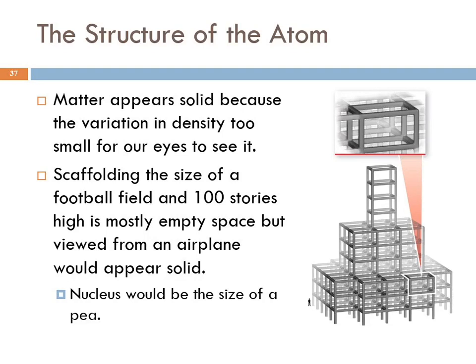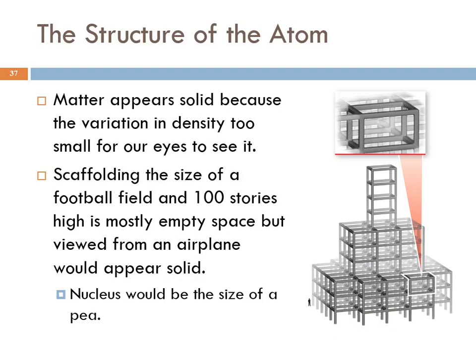If you flew over that in an airplane, though, and looked down at it, it would appear solid because you are so far away from it that you can't really see the difference between the boards and the posts and the empty space in between. So we look at this, and hopefully we get a picture, an idea of how looking at this from a great distance, it looks solid even though it's mostly empty space.